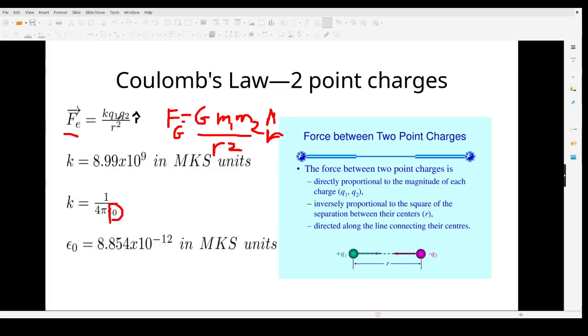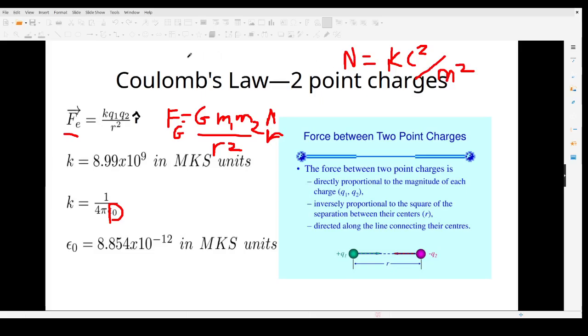Now, what are the units of this K? We know that the units of force are newtons, the units of charges are coulombs, and in MKS, the units of distance are, of course, meters. So the force in newtons is going to have units of K times coulomb squared over meter squared.